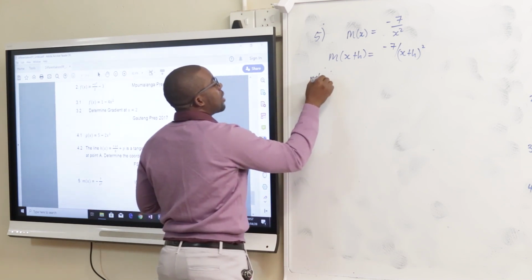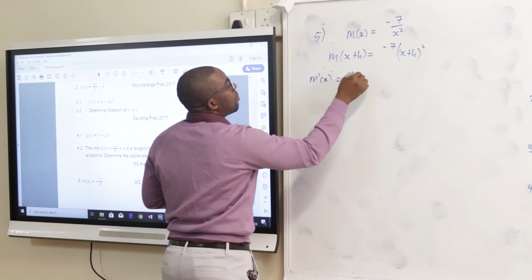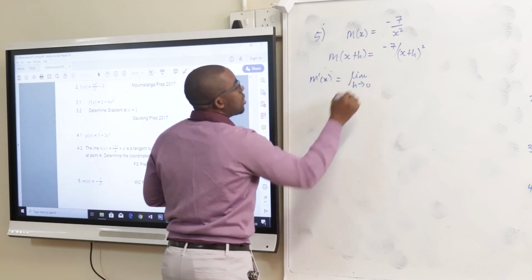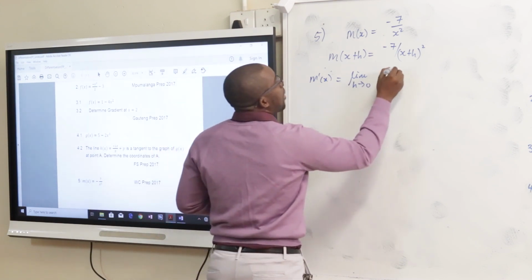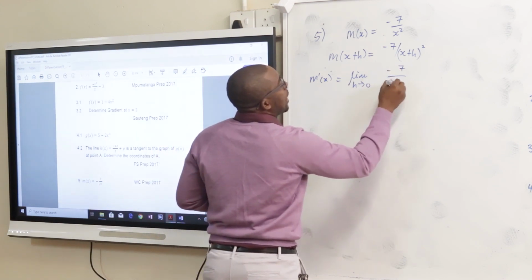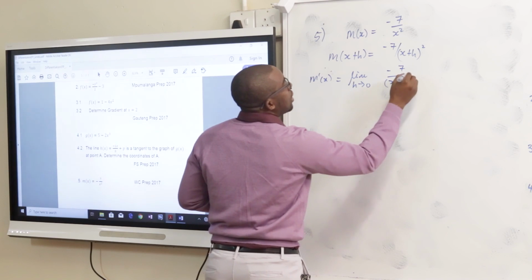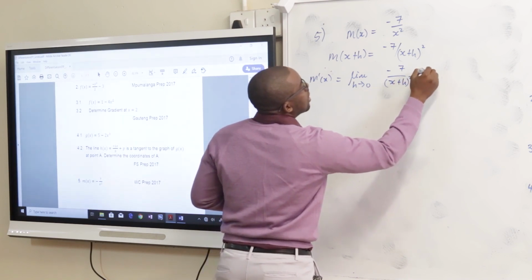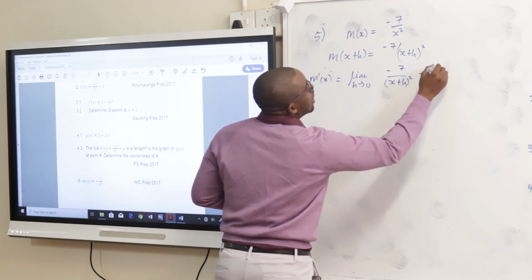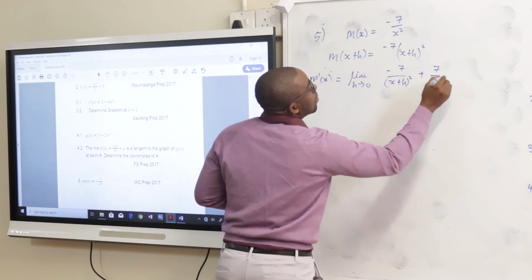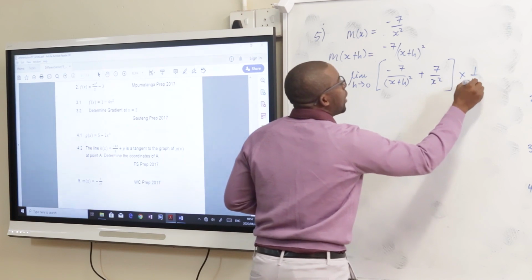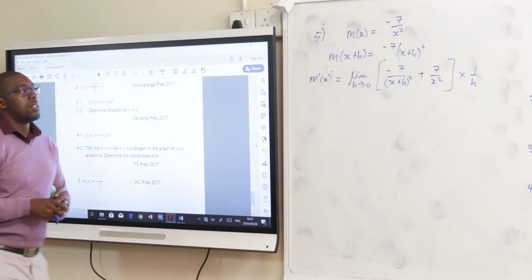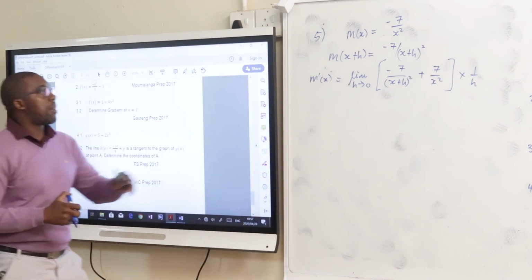m prime x is equal to limit as h goes to 0 of minus 7 over x plus h squared minus, which makes it plus 7 over x squared, everything multiplied by 1 over h. So this was step number 1.